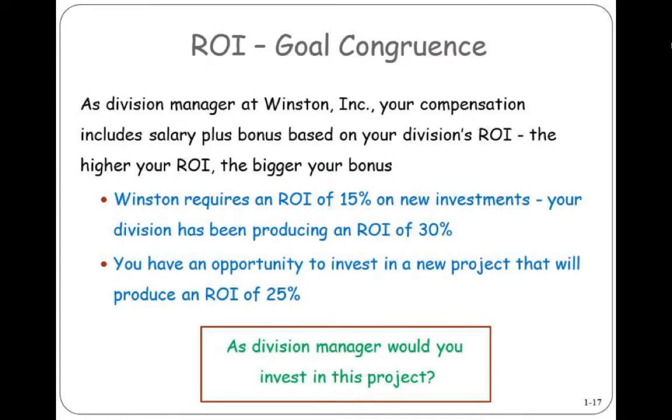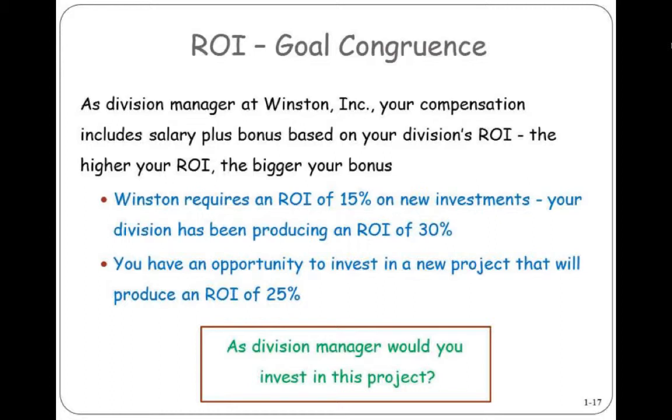Here's an example. I think this is almost the example I just said. You're a division manager. Your bonus is based upon your ROI. The higher your ROI, the bigger your bonus. You're required to have an ROI of 15% on new investments. You produce a whopping 30%.